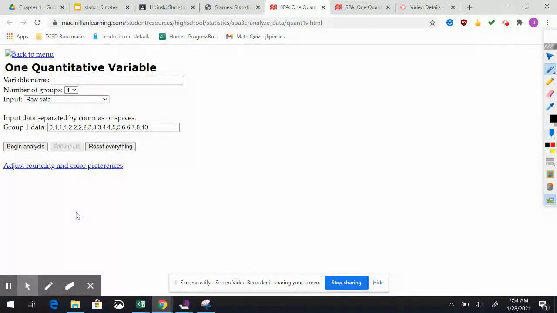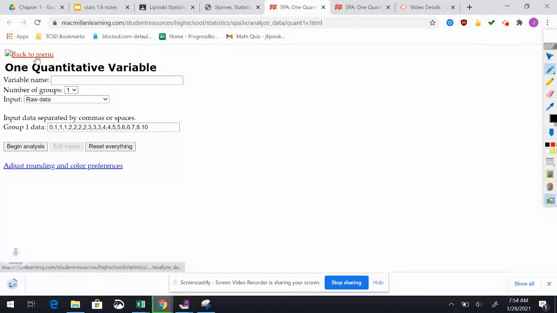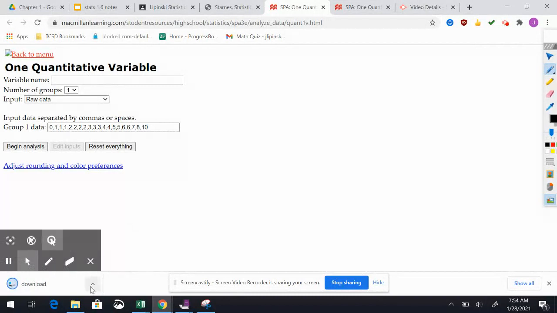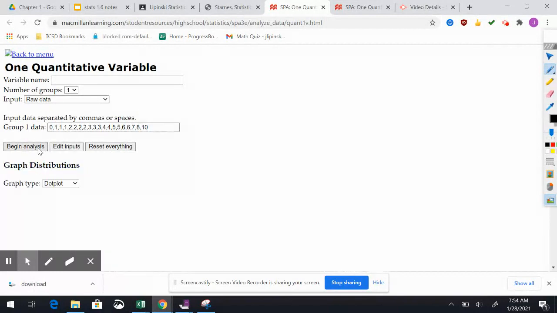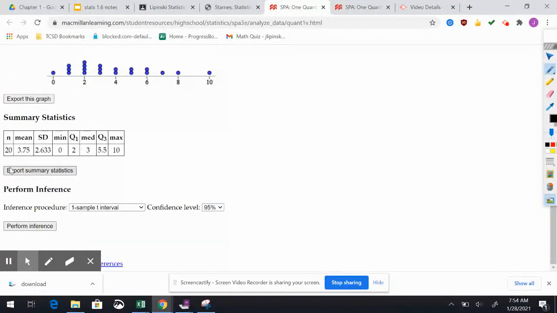Let's begin analysis. Back to menu. I'm messing up. It's not moving for me. Let's see. I got all this data here and I want to begin analysis. There we go. My bad. I now have 20 pieces of data, but as you can see, the mean went down to 3.75.